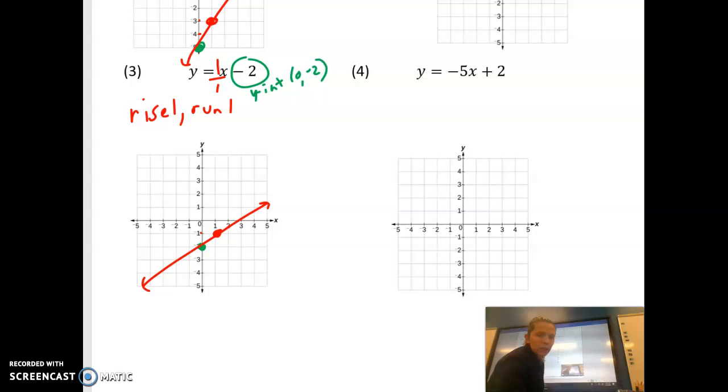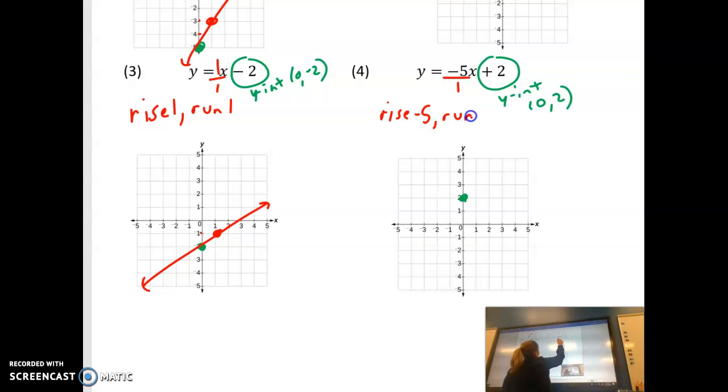Last but not least, we have y equals -5x plus 2. So the 2 is my y-intercept, which is (0, 2). And then based on this, what is my slope? Well, the number in front of x is -5, but I have to put it as a fraction, so I put it over 1, which means I rise -5, run 1.